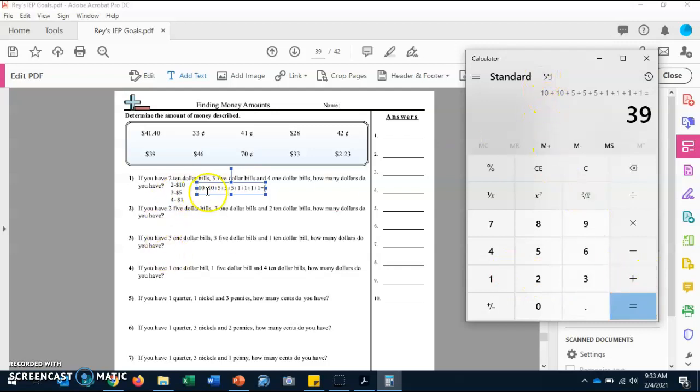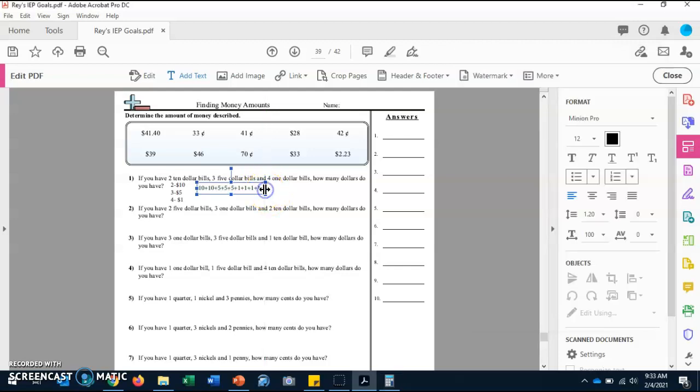So we can always go back and see 2 10s, 3 5s, 1 2 3, and 4 1s, 1 2 3 4. And we know that she has 39 dollars. And is that one of our answer choices? Yes, it is. Good job. So our answer for number 1 is $39.